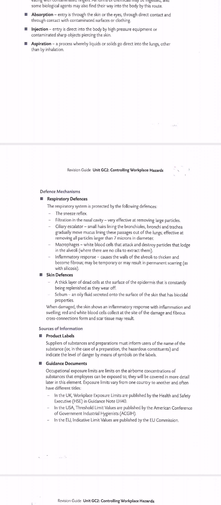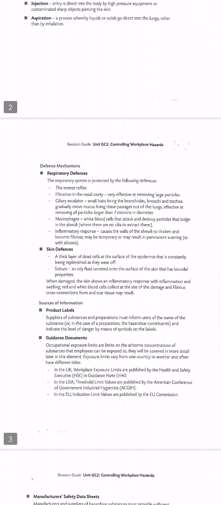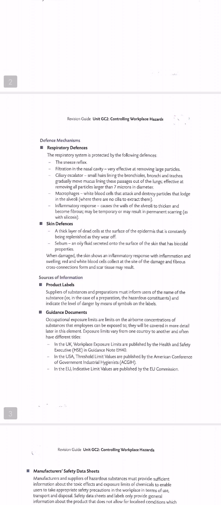Then we're talking about sources of information. First, I've talked about defense mechanisms against these biological agents, like the respiratory system and the skin: how the skin can react to these things, and how your respiratory system can withstand these chemicals so they do not enter your body. Now we're talking about the sources of information. Product label, right? You check the product label.